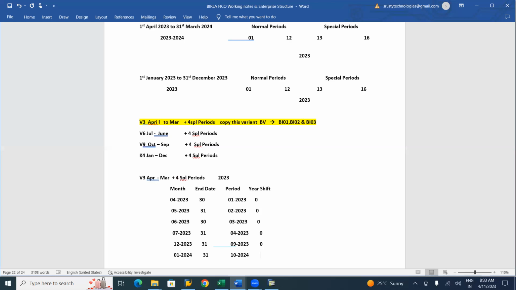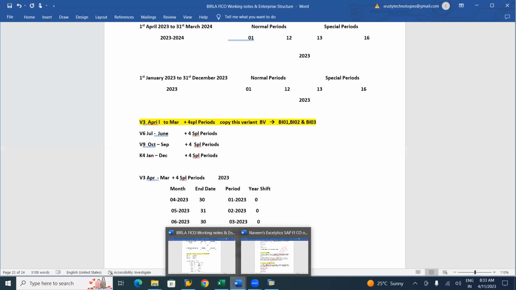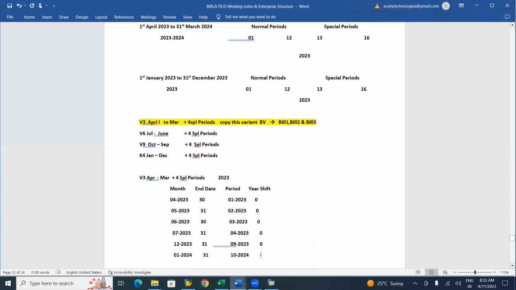So what would be the year shift? -1, exactly. 2023 minus 2024, that will become -1. So the system will understand that whenever we mention a year shift, from the current period it will do -1. Then automatically, what is the fiscal year? It will become 2024 -1, 23. 23 only, right?